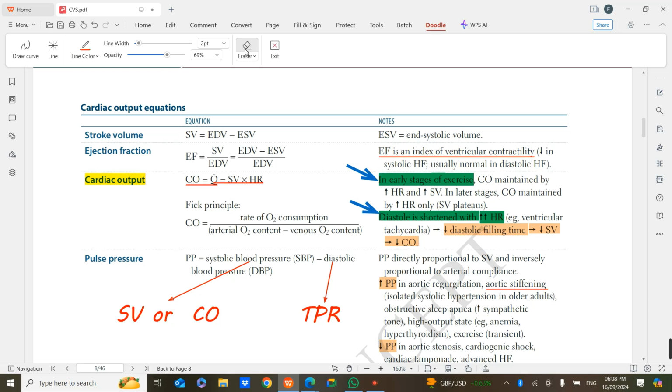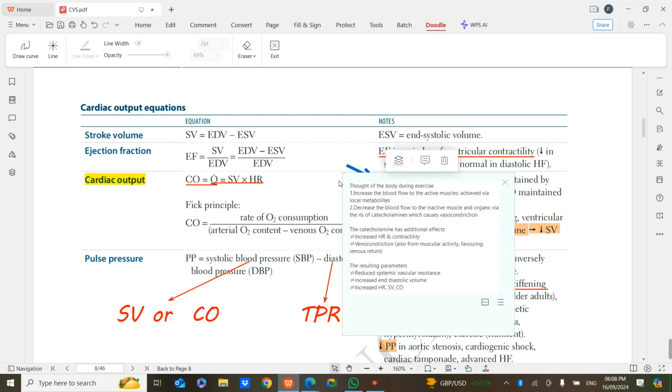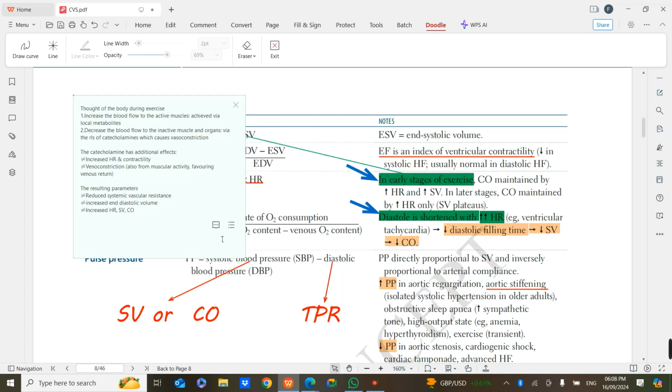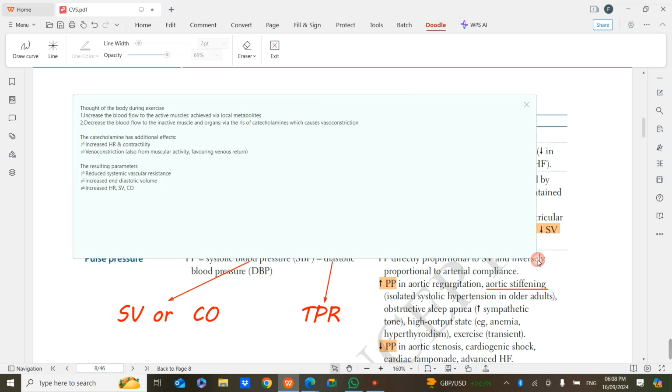All right, let's look at it. What do we want to take into the exam here? When a patient is exercising, what do you think the body of that patient is thinking? This skeletal muscle, they are working. The body will want to increase the blood flow to those muscles that are working.